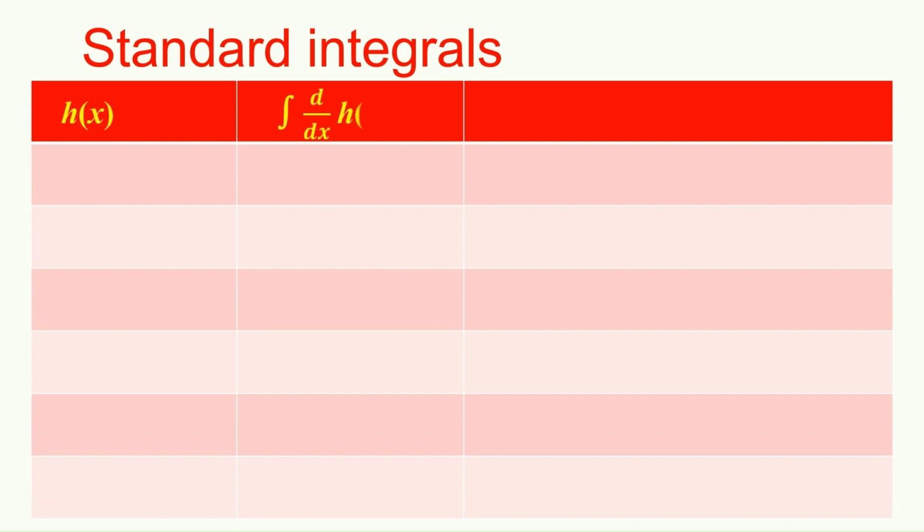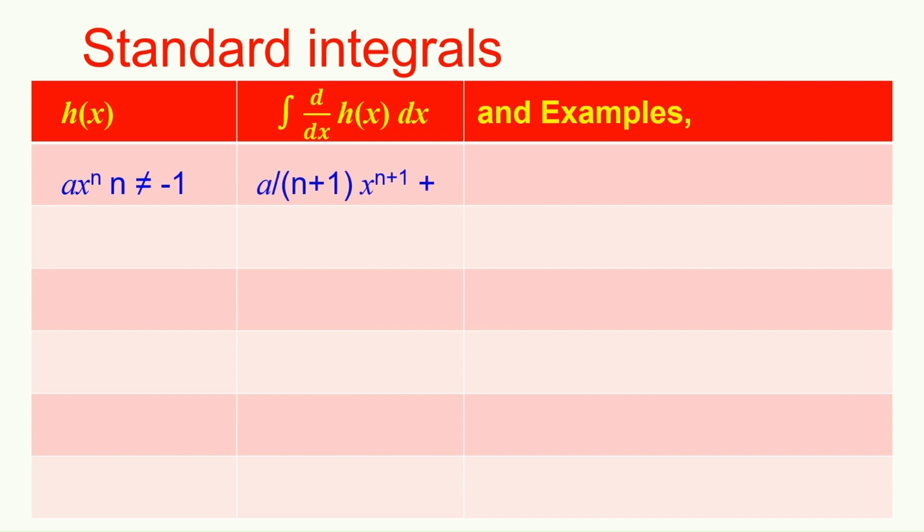Here in this table, we tell you some standard integrations with an example. Antiderivative of x to the power of n, where n is not equal to minus 1, is 1 divided by n plus 1 times x to the power of n plus 1 plus c. See example.